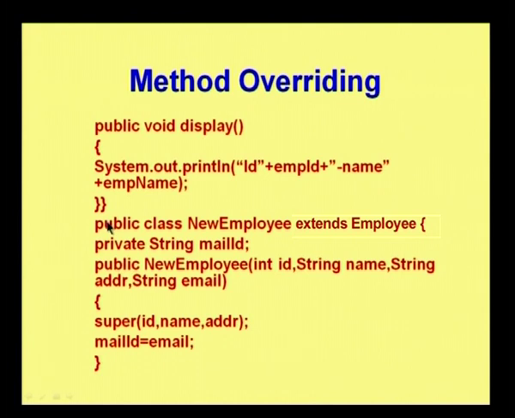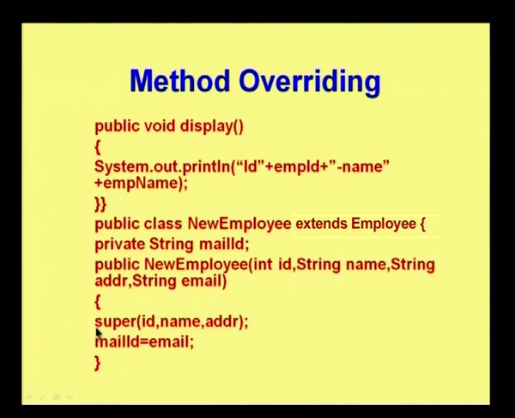Now, we are trying to inherit this employee class: public class newEmployee extends employee. I introduce a new variable, mailID. Now public newEmployee is the constructor of your new class. I have 4 variables: ID, name, address and email.